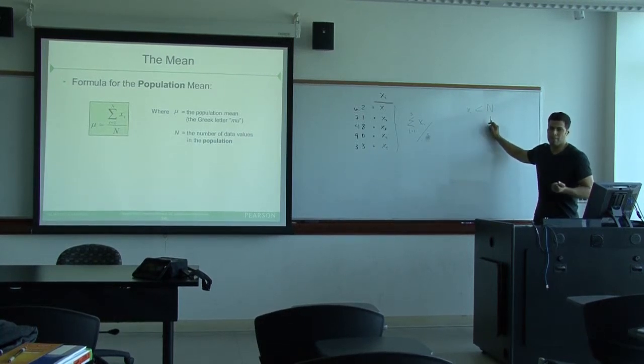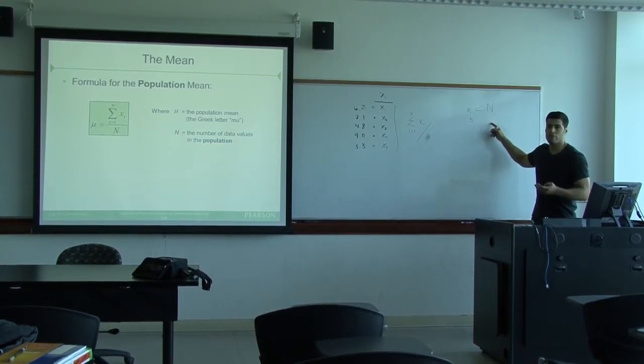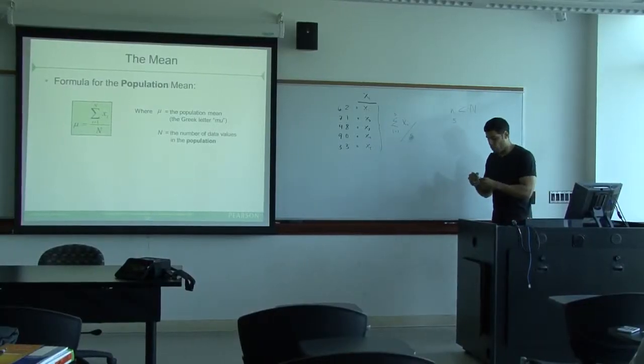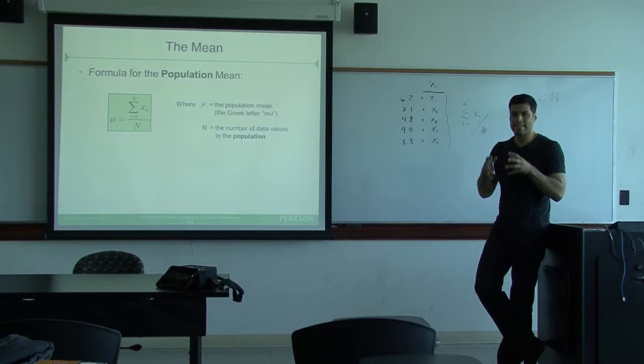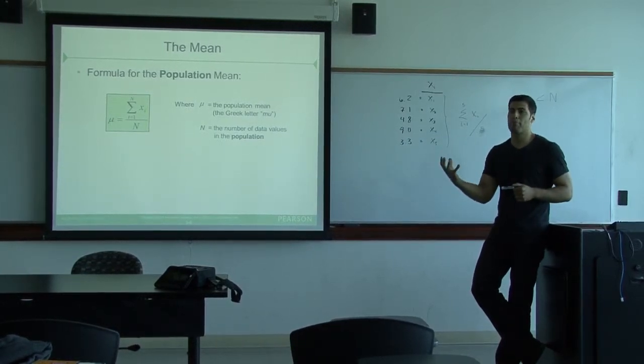So if this is 5, then the population size should be 6 or 20 or 100 million. The point is this: whatever you compute from the sample is only an estimate of what you're really looking for, which is the population value.